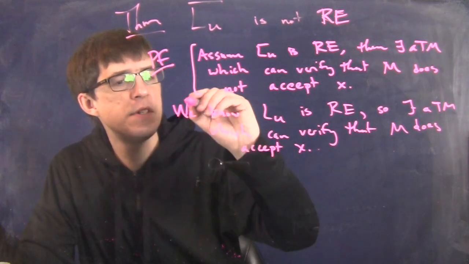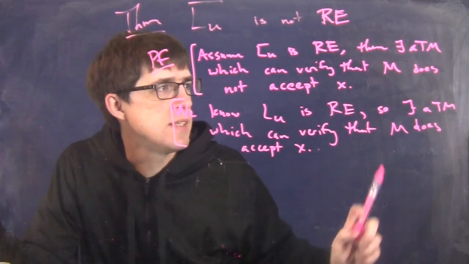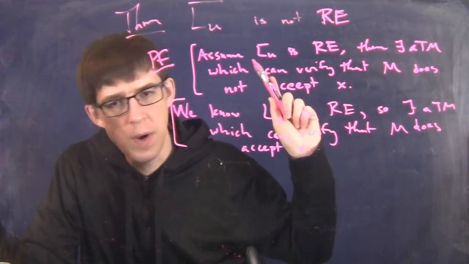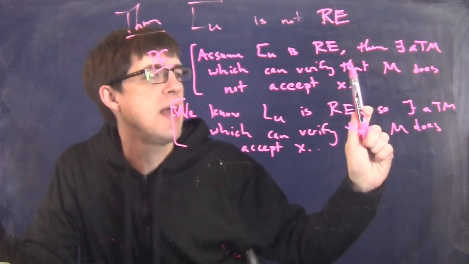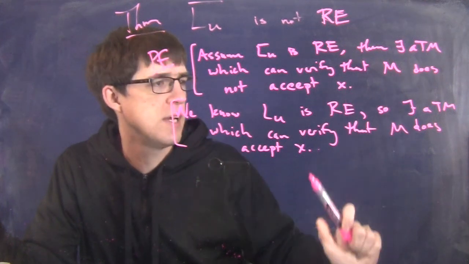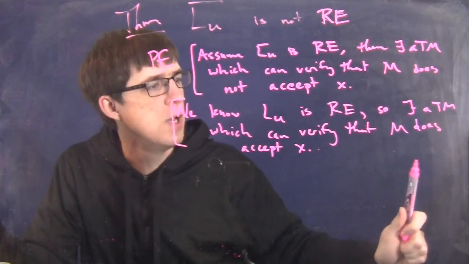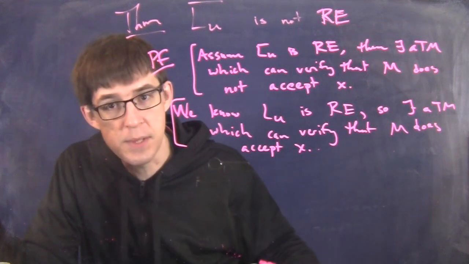So look at these two things together, right? The first one says that there is a Turing machine which, whenever you give it any m and x, it can verify that m does not accept x. And then there's another Turing machine which can verify that m does accept x.